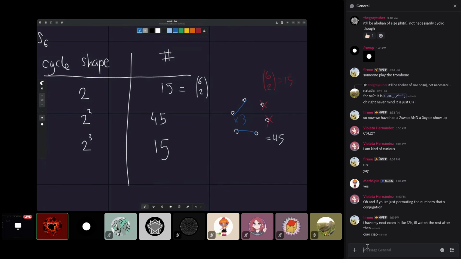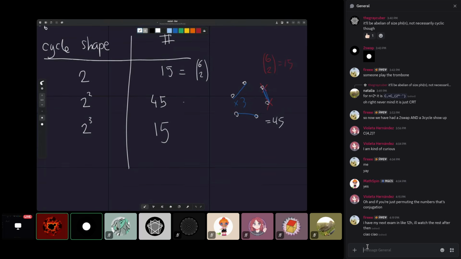If you call this another transposition, you've counted it ordered, so you have to divide by 3 to account for the fact that this one could be there, there. I thought for a second it was 45, but then that didn't make sense. If it wouldn't work, the whole proof breaks. Then we wouldn't have any outer automorphism, then we'd have broken maths. So the C2 that shows up is precisely the C2 of swapping the cycle shape 2 with the cycle shape 2 cubed. That's correct. Cool. I'll just make that explicit.